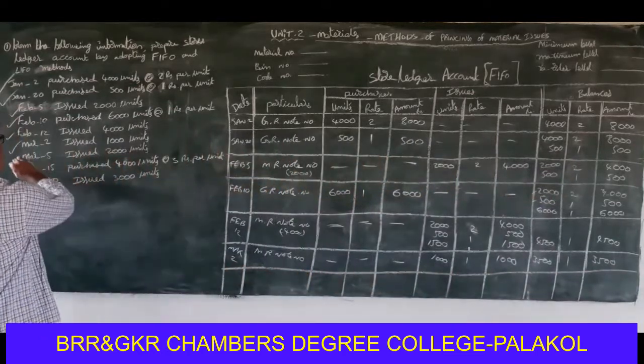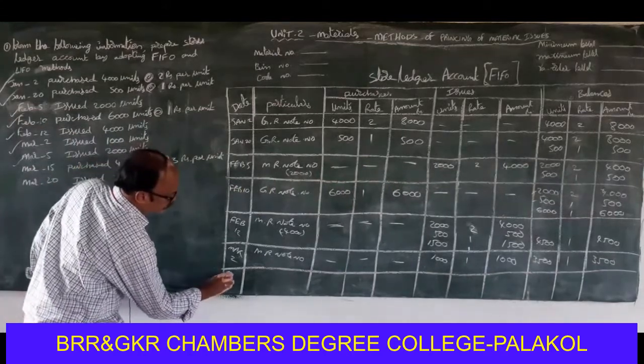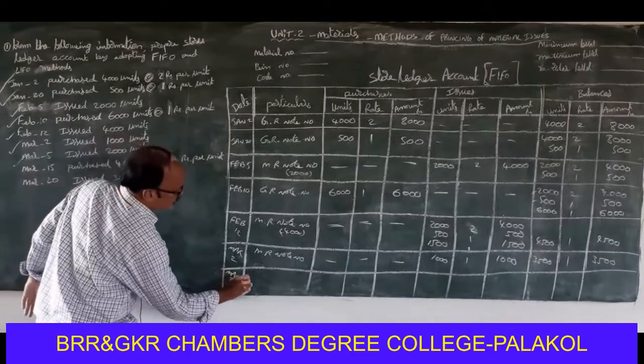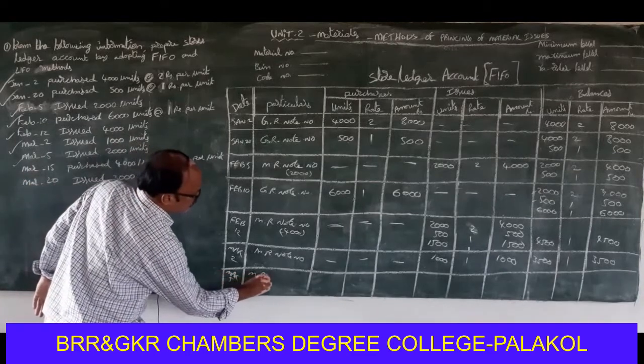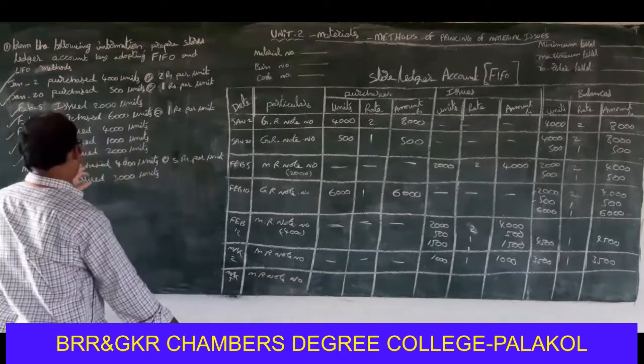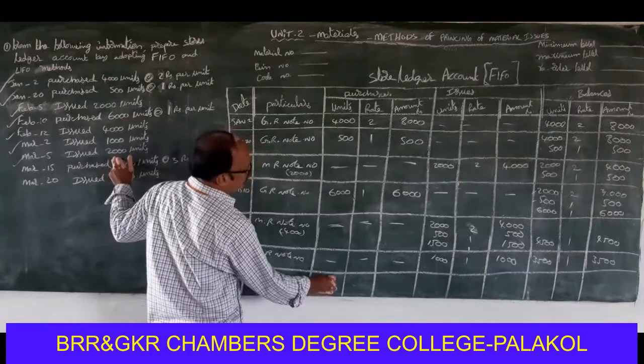Next one, issues 2,000 units. March 5th. Issues means material requisition note number. How many units wanted to issue? 2,000 units.